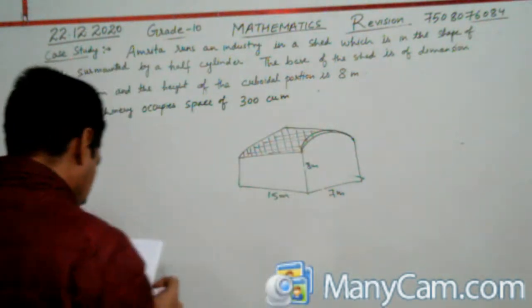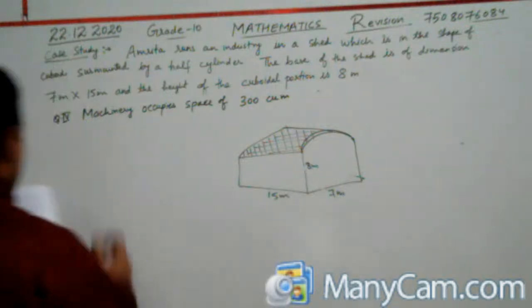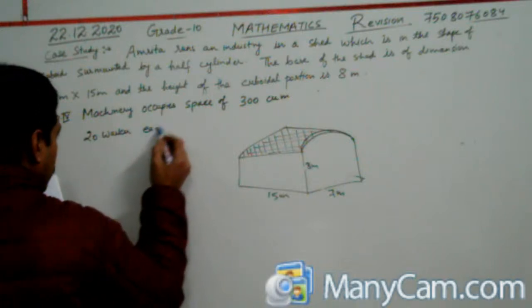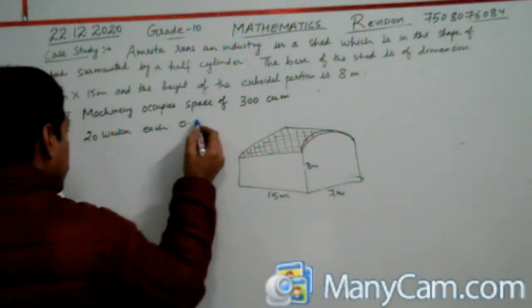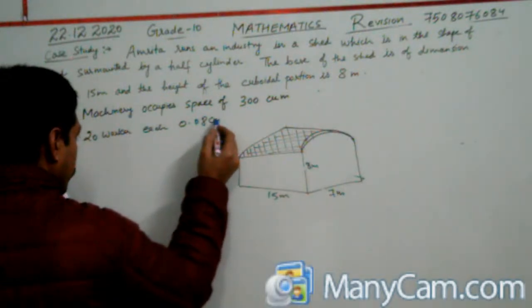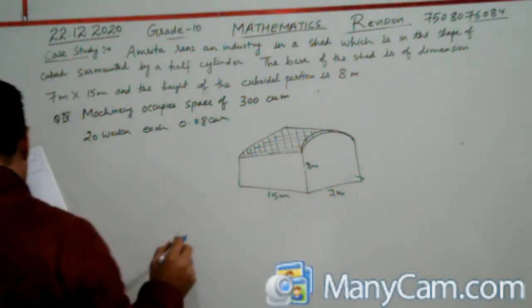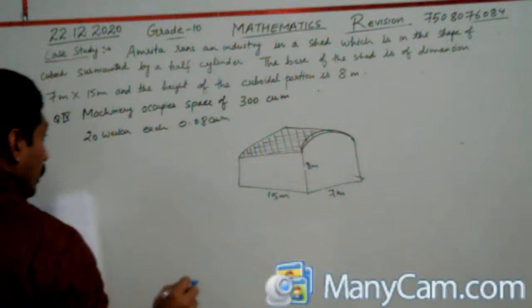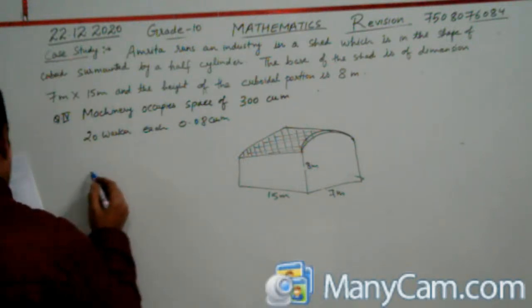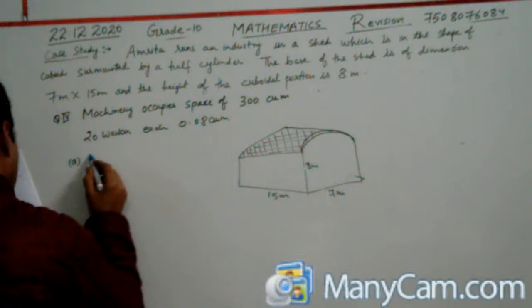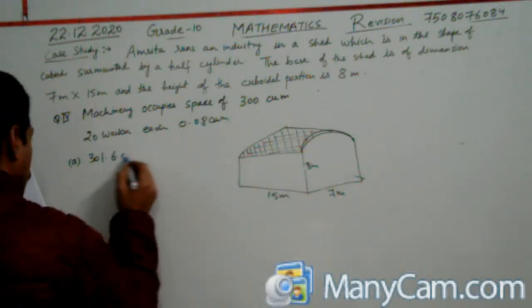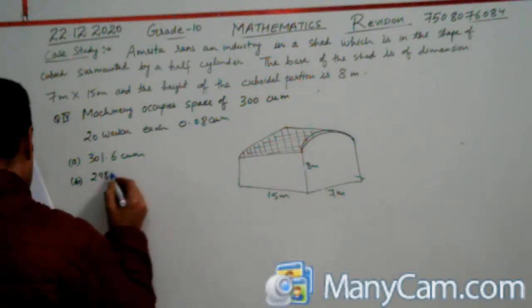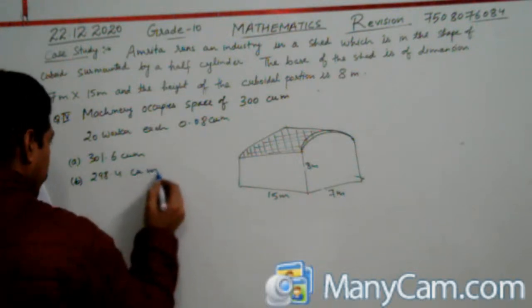There are 20 workers, each of whom occupies 0.08 cubic meter. What amount of space is occupied in the shed? Total, you have to mention which amount is occupied. A, 3016 cubic units. B, 298.4 cubic meter.